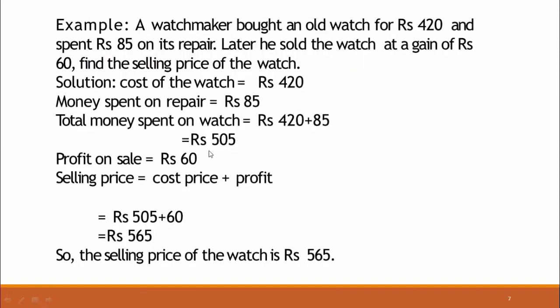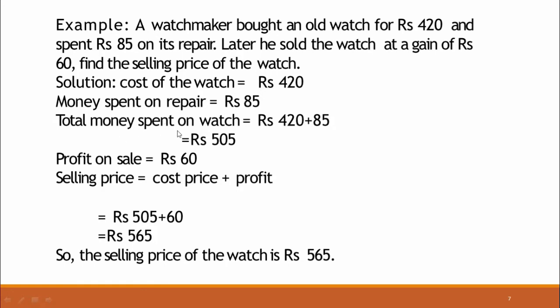Now let's move to an example. A watchmaker bought an old watch for Rs 420 and spent Rs 85 on its repair. Later he sold the watch at a gain of Rs 60. Find the selling price of the watch. For the solution, dear students, first of all, point out the cost price. The cost price of the watch is 420. Money spent on the repair is 85.